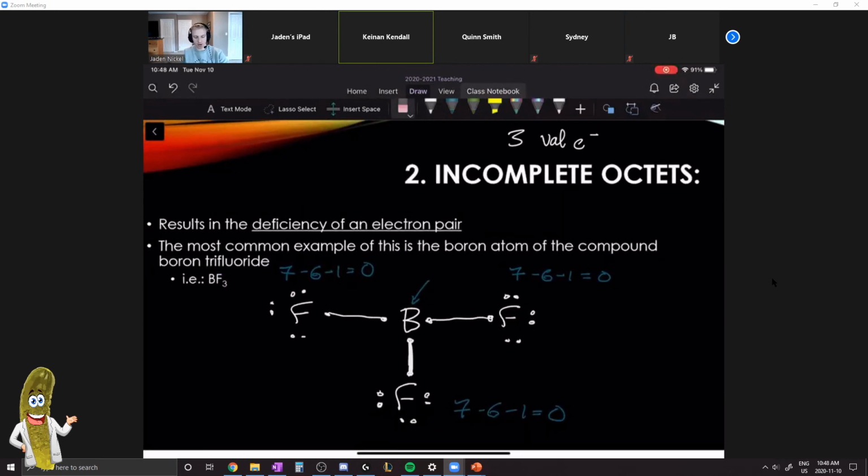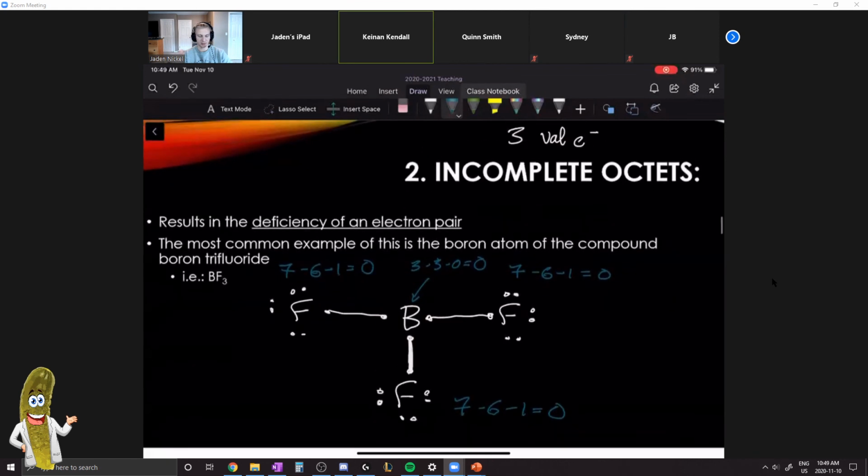Now boron's an exception because it only has 6 electrons around it, and that's fine. That's called an incomplete octet. The reason is that boron is so small and it normally only has 3 valence electrons that it couldn't care less if there were 8 electrons around it or not.